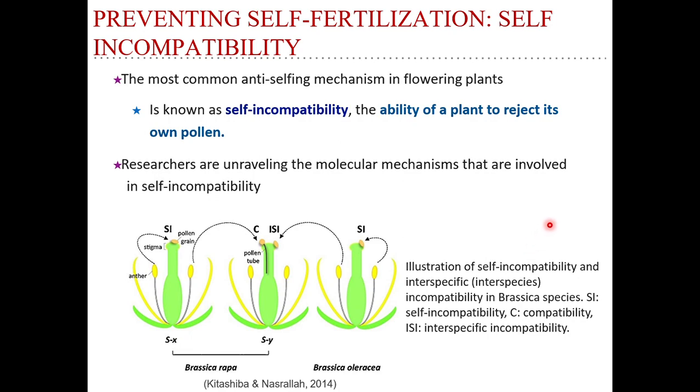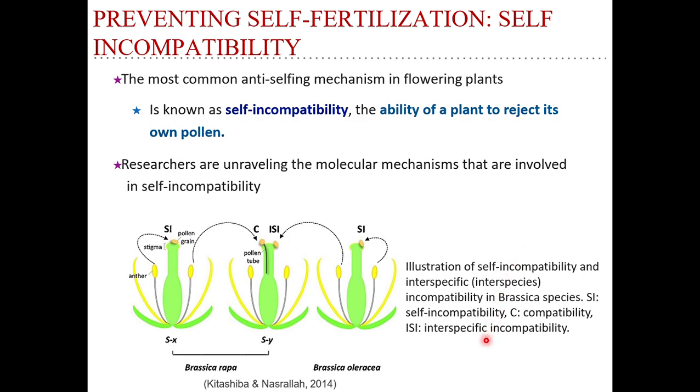So in preventing self-fertilization, the most common anti-selfing mechanism in flowering plants is known as self-incompatibility, or the ability of a plant to reject its own pollen. Researchers are unraveling the molecular mechanisms that are involved in self-incompatibility.